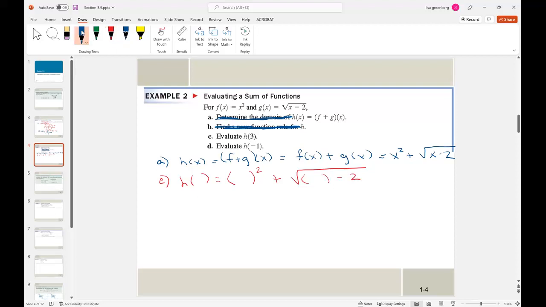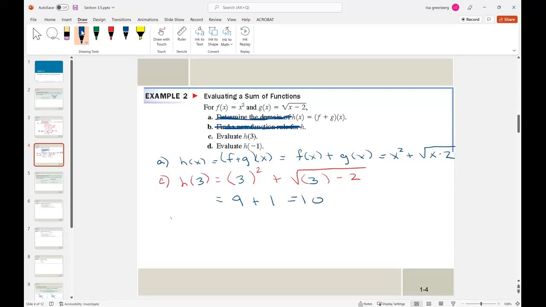So what are we plugging in? We're trying to find h of 3. So 3 goes in all those parentheses. And I just get this is equal to 9 plus the square root of 3 minus 2 is 1. Square root of 1 is 1, which equals 10.